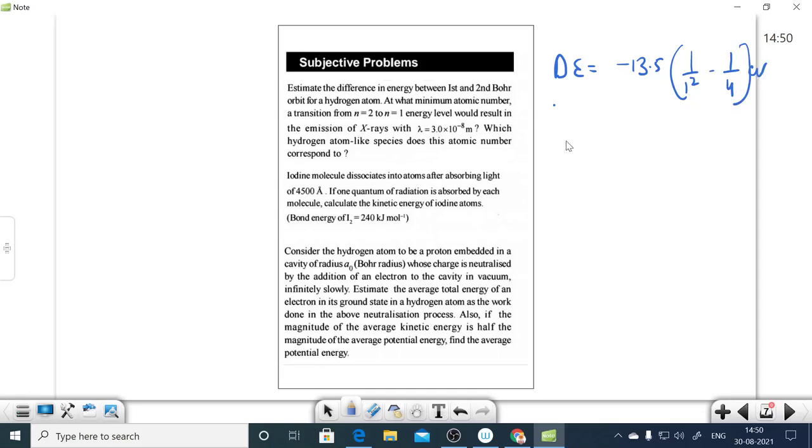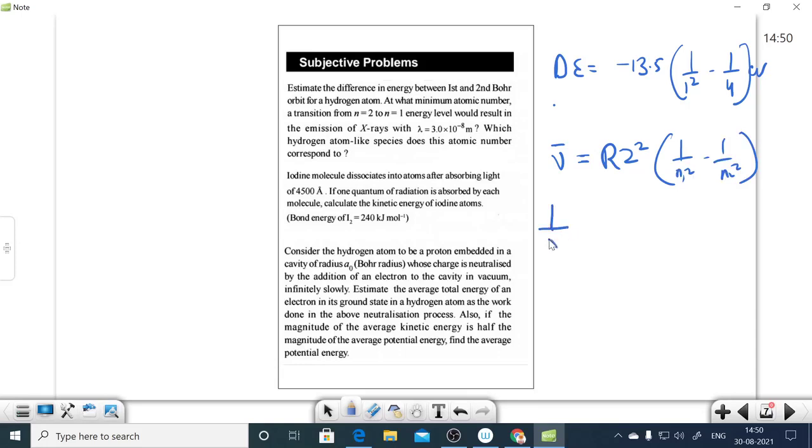At what minimum atomic number would a transition from n equal to 2 to n equal to 1 energy level result in the emission of X-rays? Pretty easy to understand. You know that v bar is R Z square, 1 upon n1 square minus 1 upon n2 square.